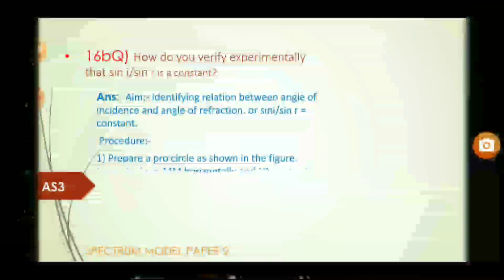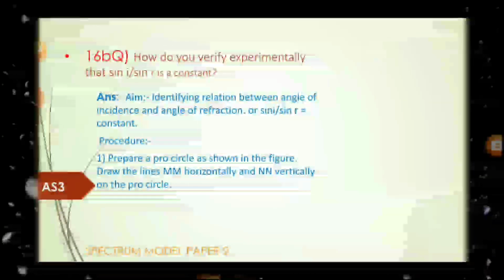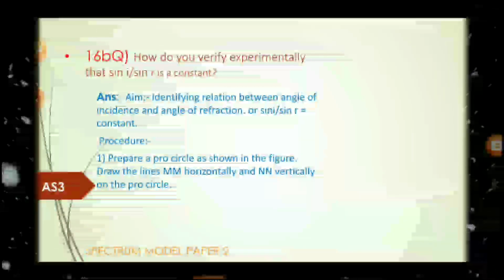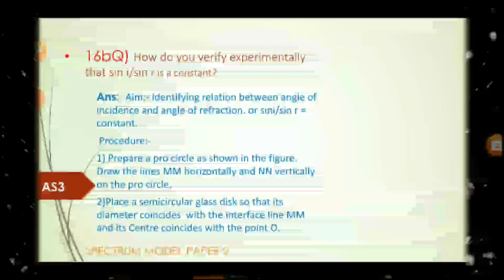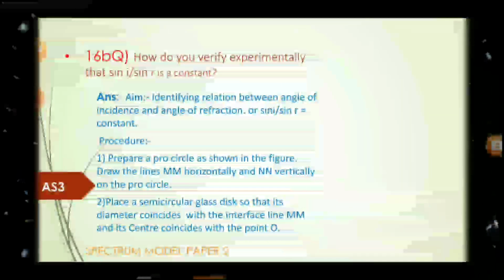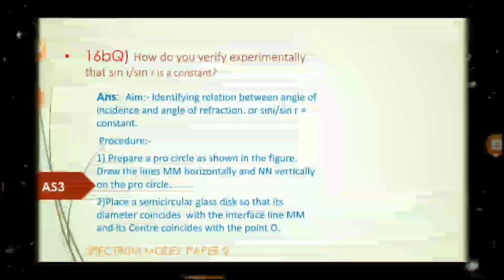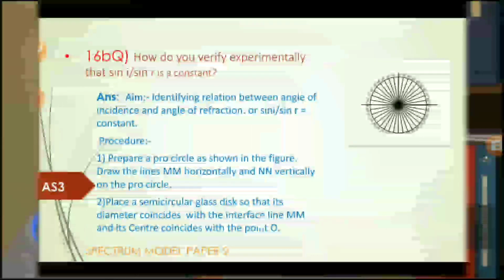Procedure. Prepare a protractor circle as shown in the figure. Draw the lines MM horizontally and NN vertically on the circle. Place a semicircular glass disc so that its diameter coincides with the interface line MM and its center coincides with the point O. This is the circle.